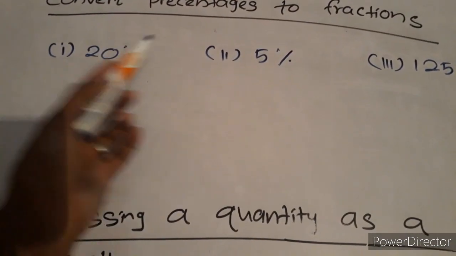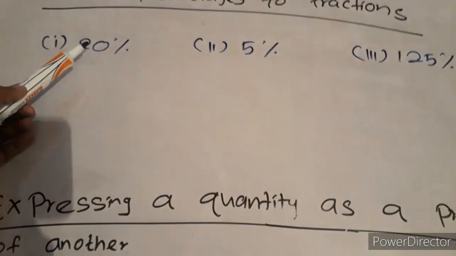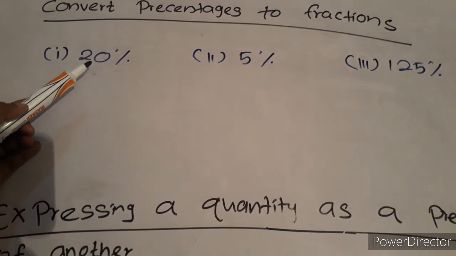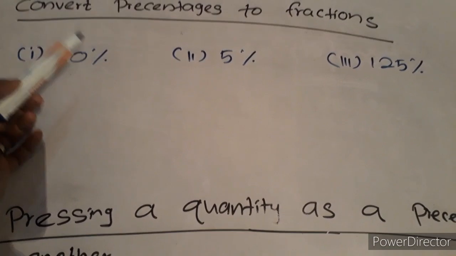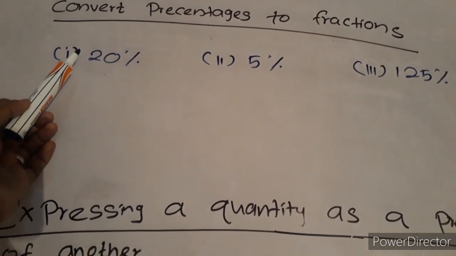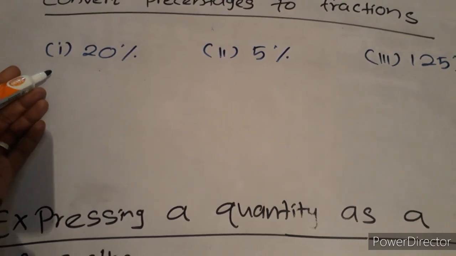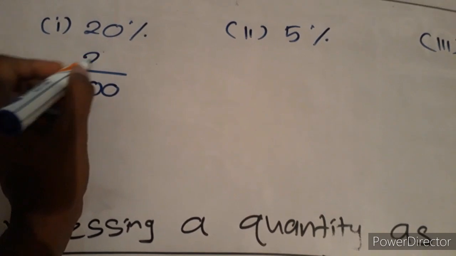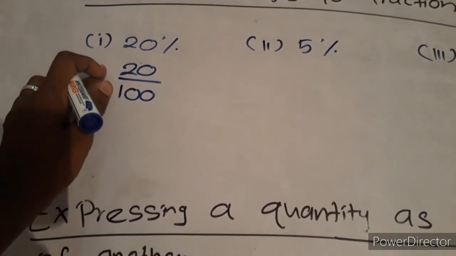We have 20%, 5% and 125%. So how to convert these into fractions? 20% we can write as 20 upon 100, with the denominator as 100 and the numerator as 20.